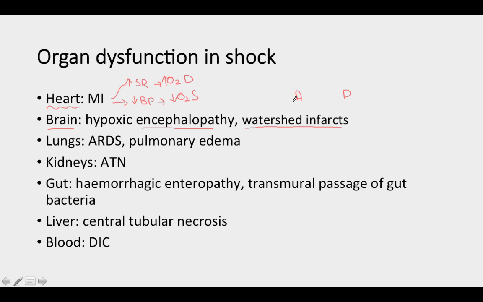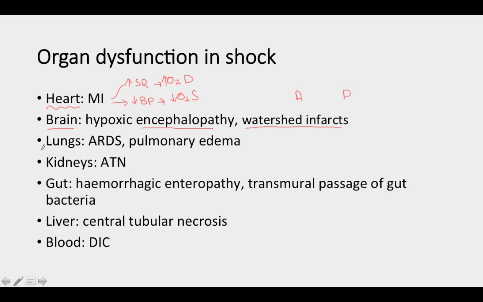Although you have a collateral circulation to your brain, there are parts of the brain at the most distal aspects of both these circulations, and they're the first parts of the brain that become predisposed to hypotension and hypoperfusion and are likely to get infarctions before other areas of the brain which are more proximal in the circulation.